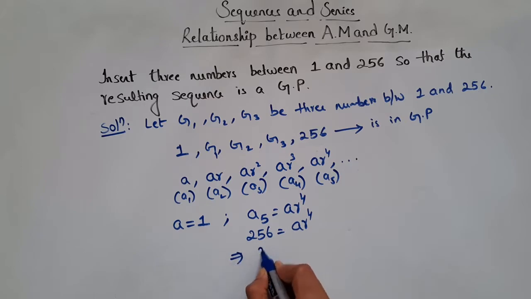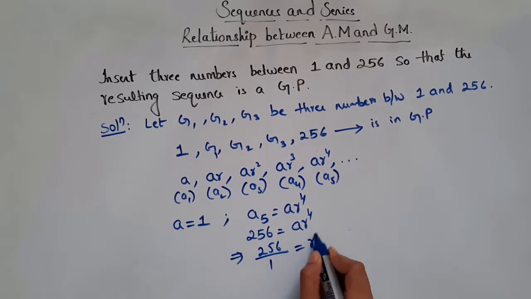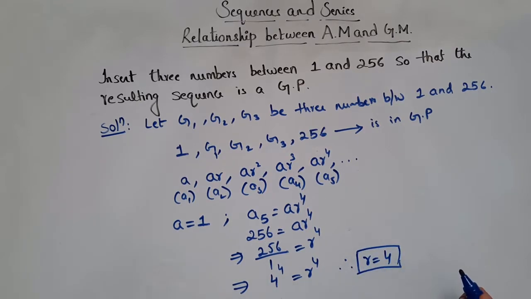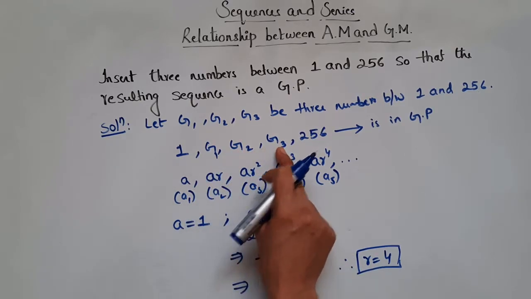So this implies 256 by a, and we know a is 1, which is equal to r power 4. So this 256 you can write as 4 power 4, which is equal to r power 4. From here we can say r is equal to 4. So now that we have a and r, we can find G1, G2, G3, right?